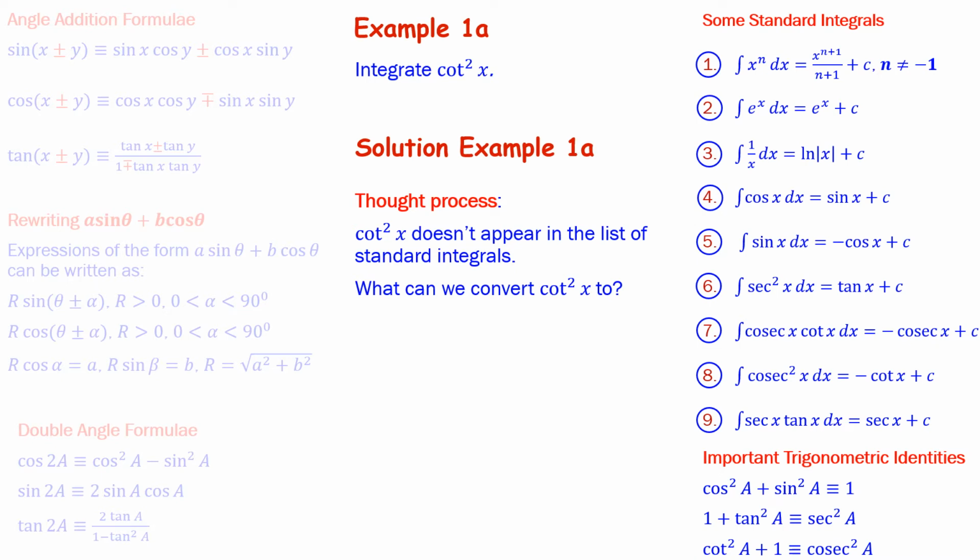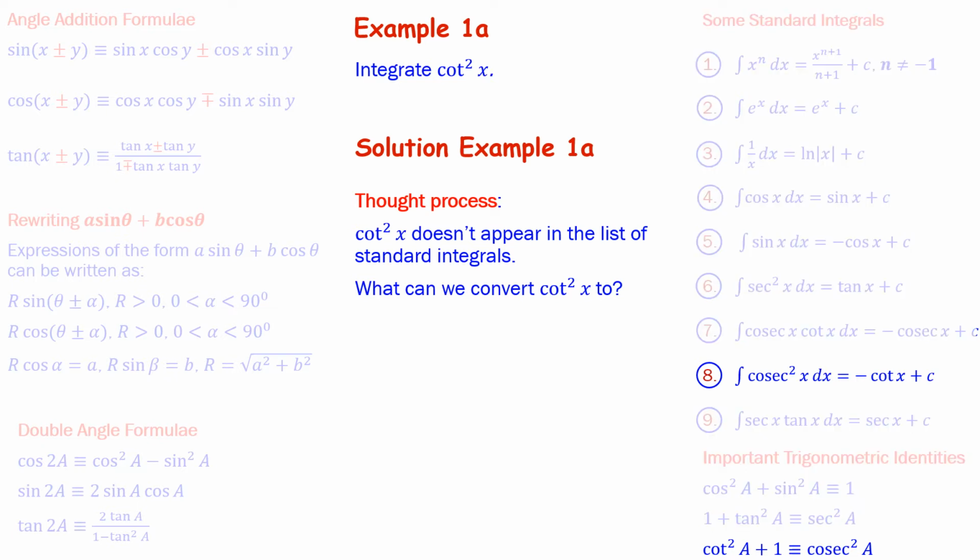Take a look at these integrals again and the trigonometric identities. What can we convert cot squared to, which is integrable, so to speak? Take a look at these two formulae and think about this for a moment.